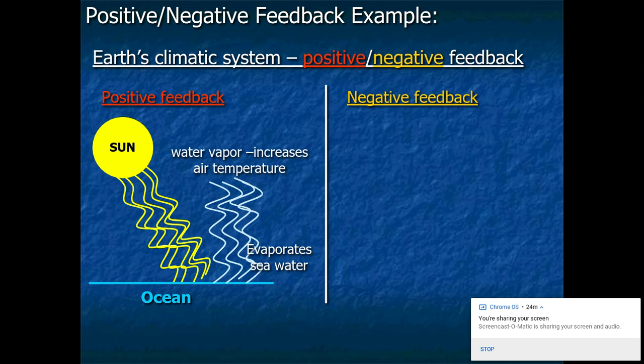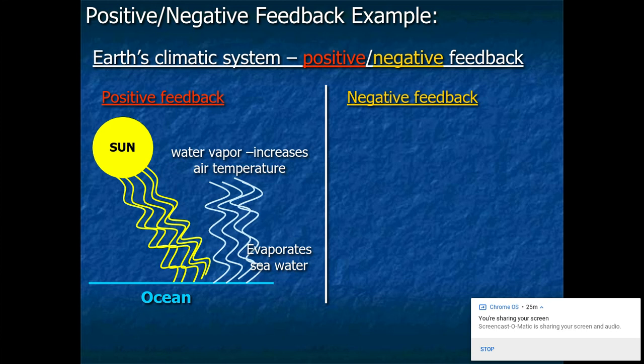And the more water vapor that is allowed to enter into the atmosphere, the warmer the temperatures get. And so if we did not have anything to resist this change, then global temperatures in the atmosphere would get warmer and warmer and warmer, because this positive feedback mechanism is working to change the system.